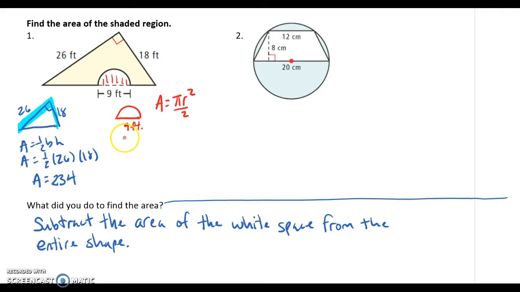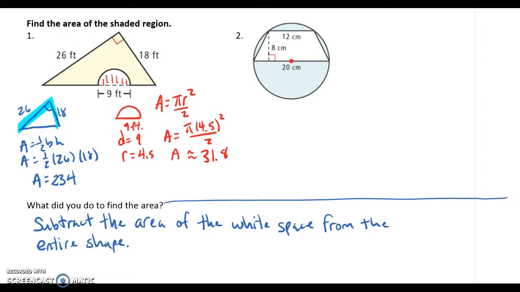And since the diameter is 9 feet, we know the radius is half of that, which is 4.5. So I'm just going to go ahead and plug that in. So area is going to equal pi times 4.5 squared over 2. So that area is going to be about 31.8.